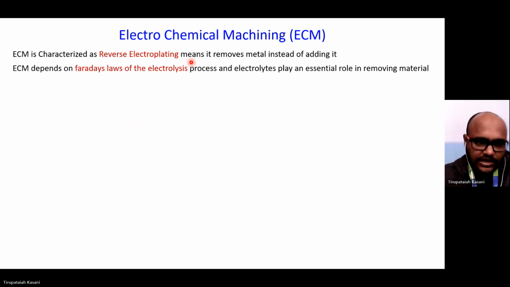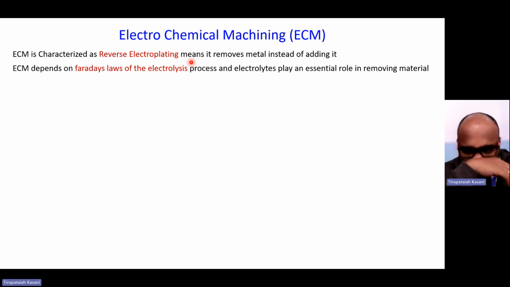ECM depends on Faraday's law of electrolysis, and electrolytes play an essential role in removing material. See here, what are the different types of electrolytes that we are using? NaCl is one kind. In some applications, if the metals are machined using ECM, sulfuric acid, the king of the chemicals, that is H2SO4, is also used as an electrolyte.